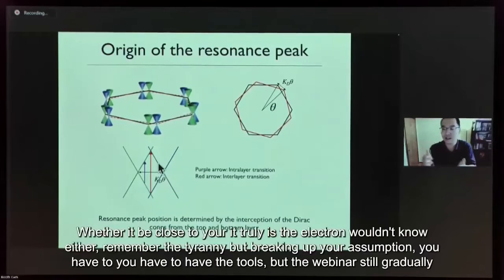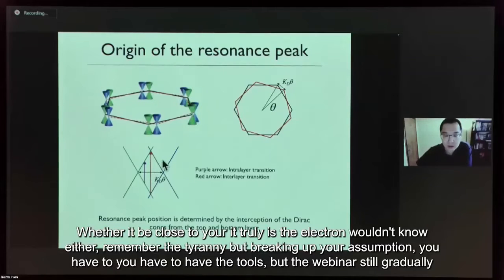Remember, for chirality, or the breaking of mirror symmetry, you have to have the two layers. But once you gradually increase your photon frequency until you reach this part, suddenly the charge carrier realizes, oh, I'm actually in a chiral environment, I better behave in a chiral way. So that will give you a very large CPG signal.